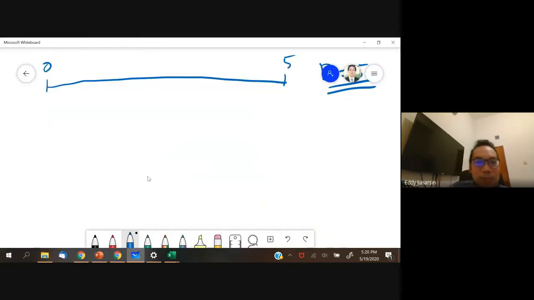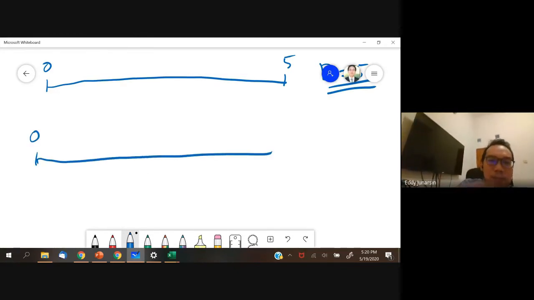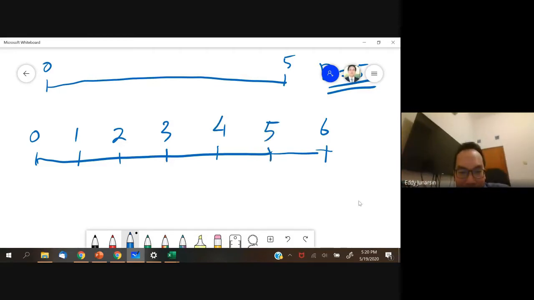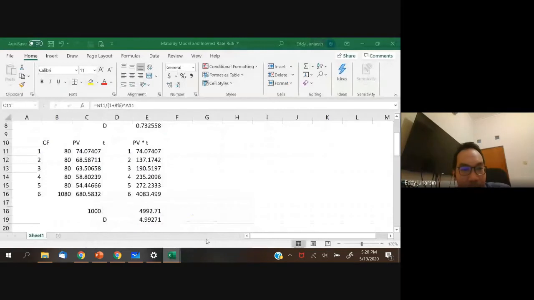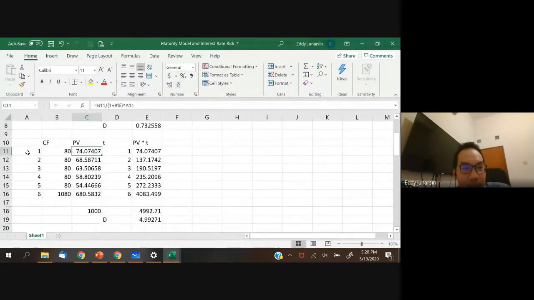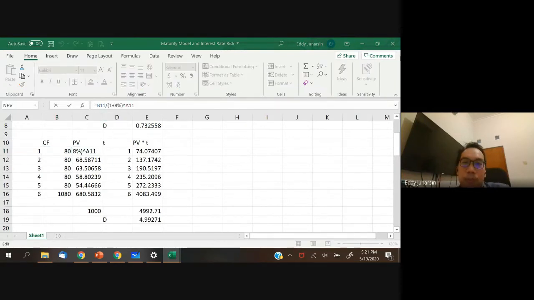So you see, we suddenly find something with 6 years of maturity. Okay, so this bond, based on our Excel, has 6 years to maturity, and the coupon rate is 8%, and the market rate is 8% as well.